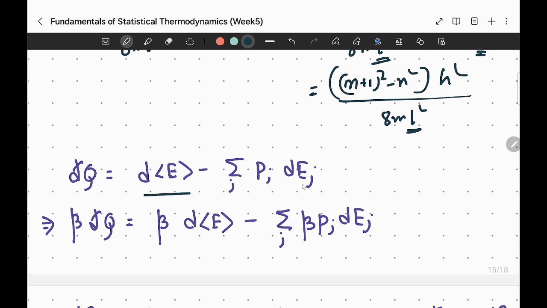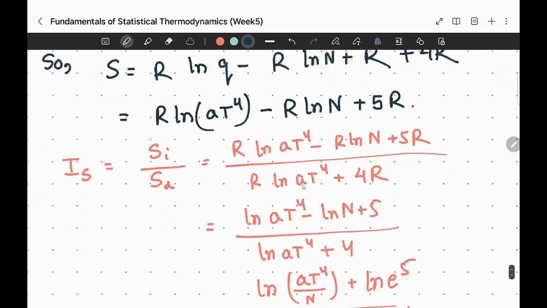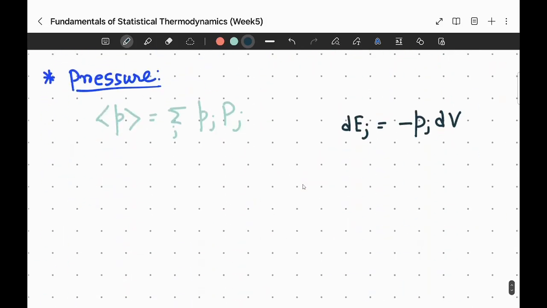These two terms appear: one is due to the internal energy, and the other is due to the work done. So here we have to consider that due to that work done, it will be dE_j, and it must equal minus P dV, which is just like d-cross-W equals minus P dV. And this d-cross-q is dE_j, as we have already discussed.